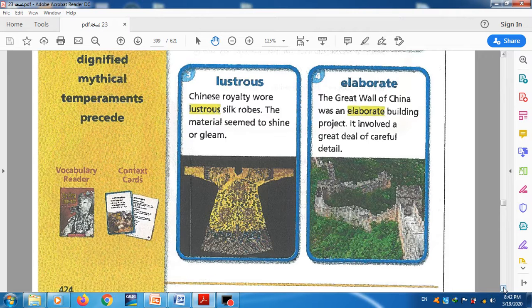So elaborate means complex, means detailed. If you can't write it, you can look at the last word, which is detail, and add ed to it. So it's going to be detailed. Let's move to the next ones.